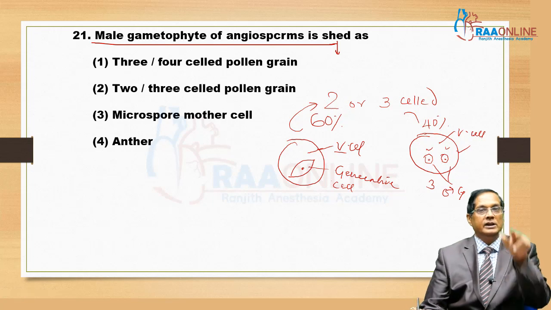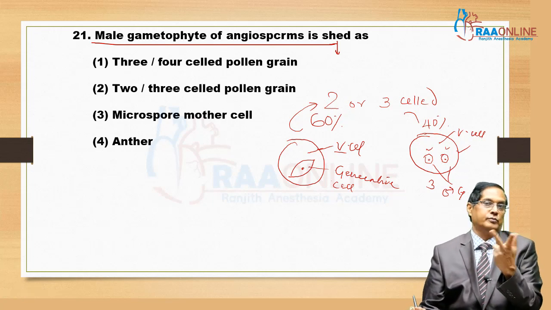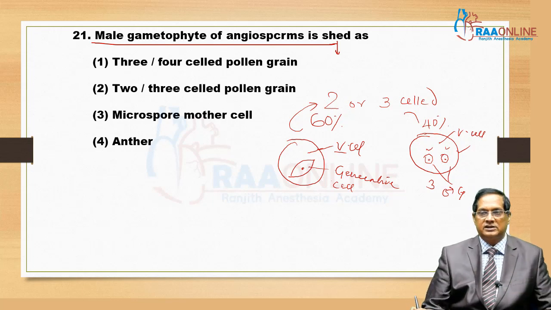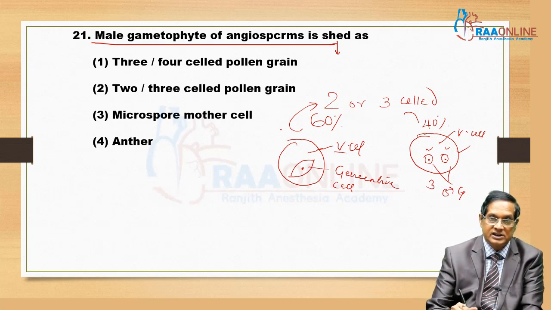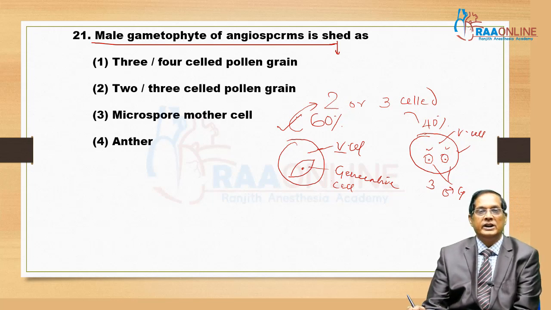The vegetative cell is 1 cell, the 2 male gametes are 2 cells, that is the 3 celled stage. But 60% of angiosperms shed their pollen grains in the 2 celled stage.